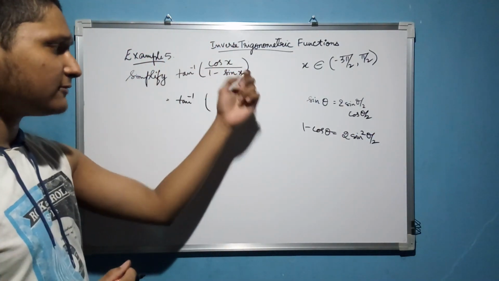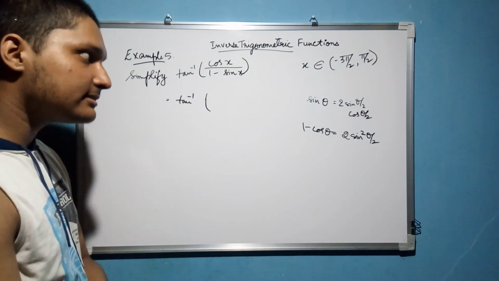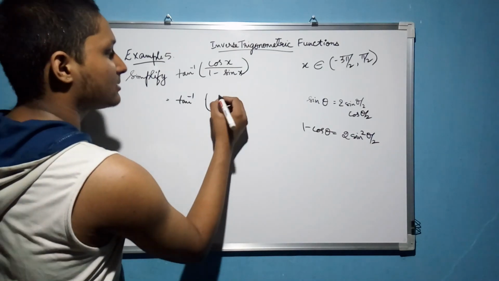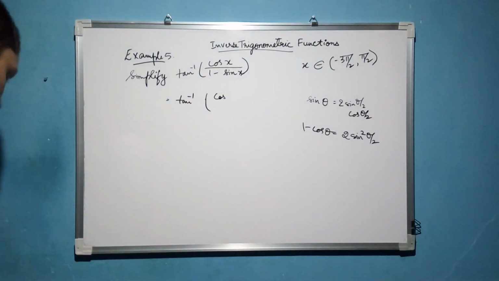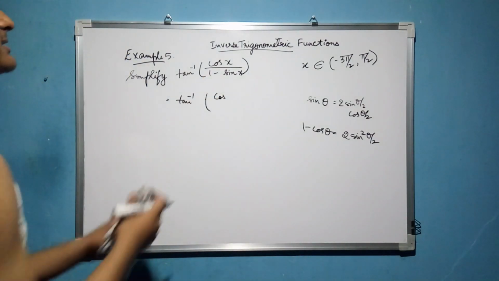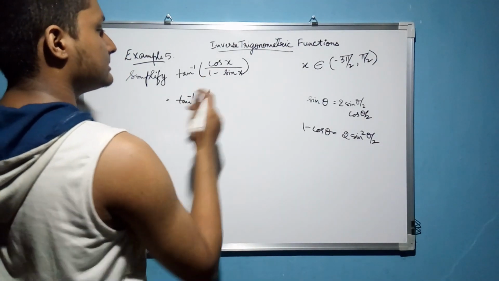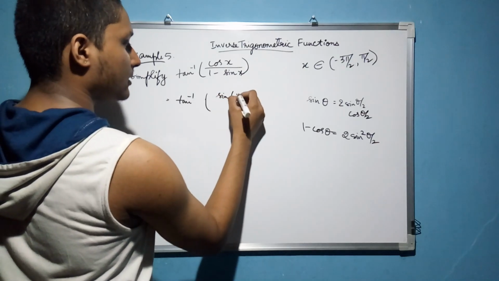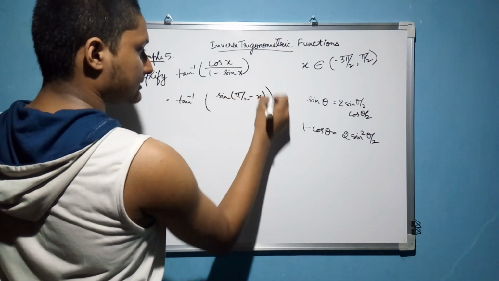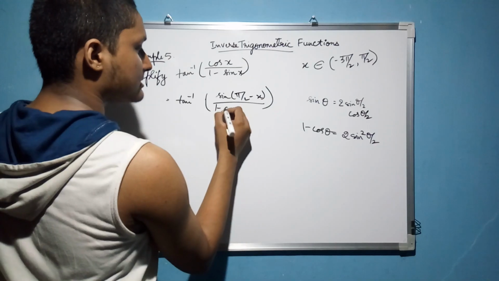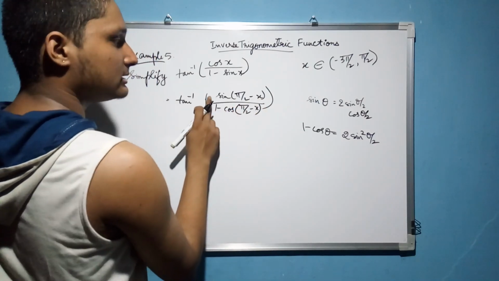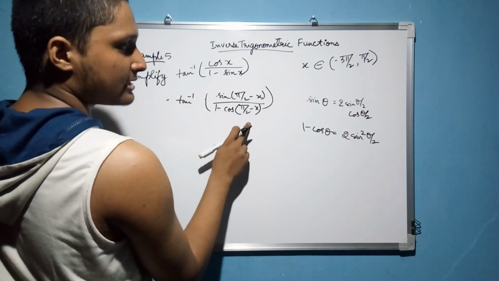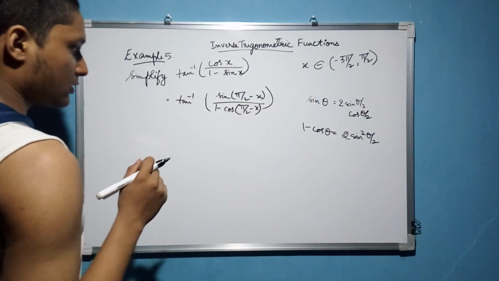But you have cos x and 1 minus sin x. So for that I am going to subtract it from pi by 2. So it comes to be cos. Now cos of something, you can write it to be sine of that thing, that is sine of pi by 2 minus x, and you have 1 minus cos of pi by 2 minus x. So now it becomes sin theta and 1 minus cos theta. I can substitute those forms.